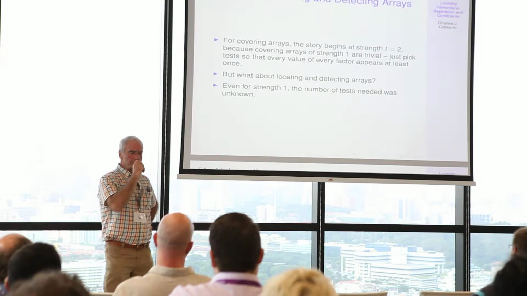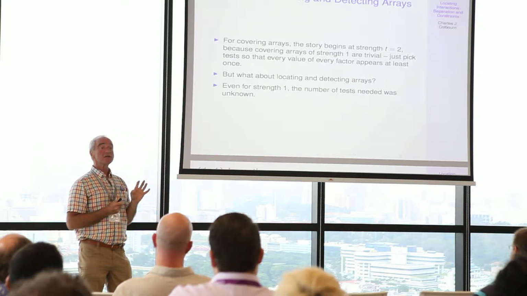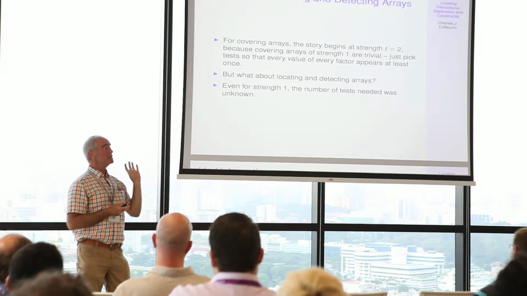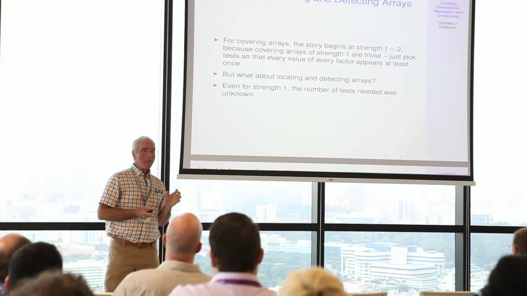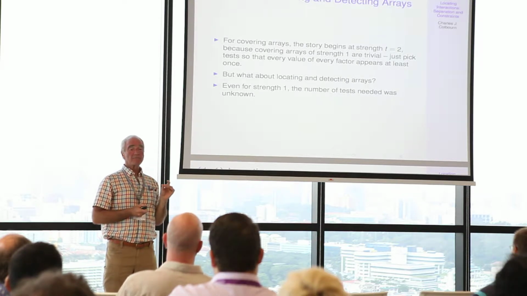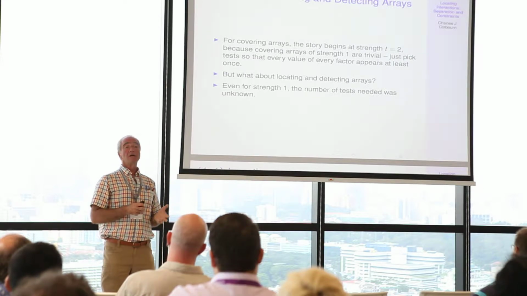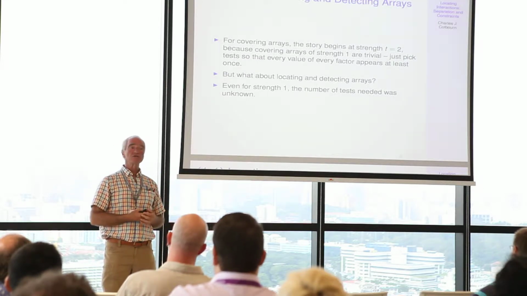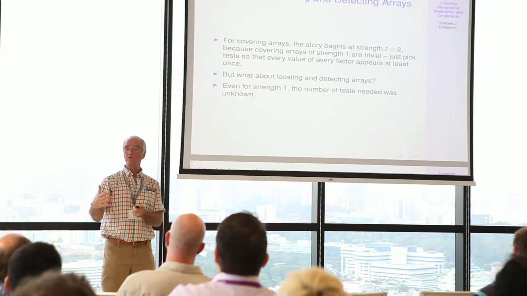So I want to say a little bit about how to construct locating and detecting arrays, and then a little bit about extensions. For covering arrays, most of the work that's been done has been on strength 2. There is work on larger strength, but roughly speaking, as the strength increases, the amount of work done decreases.